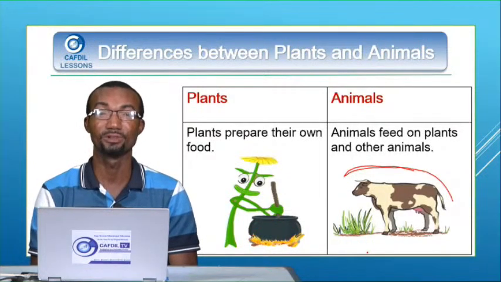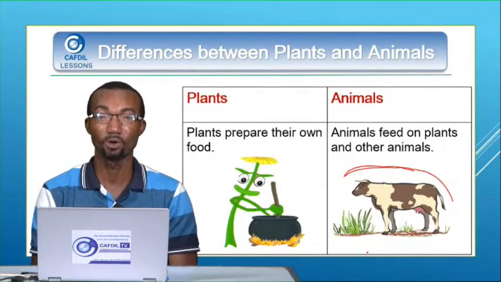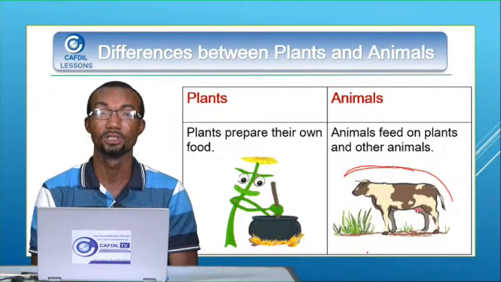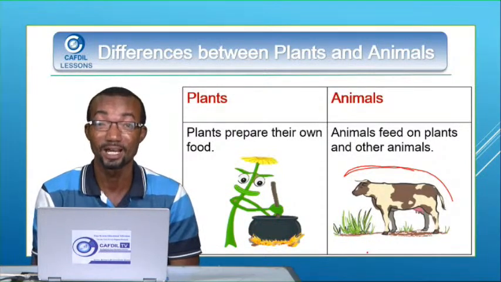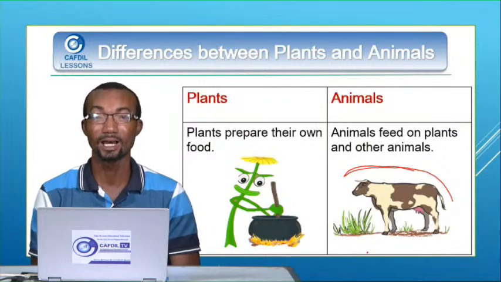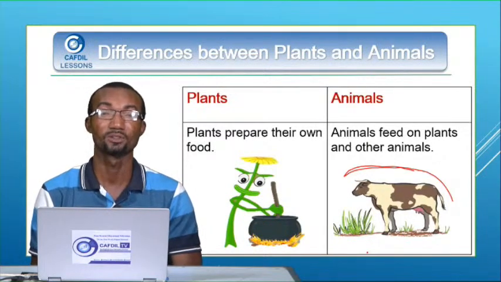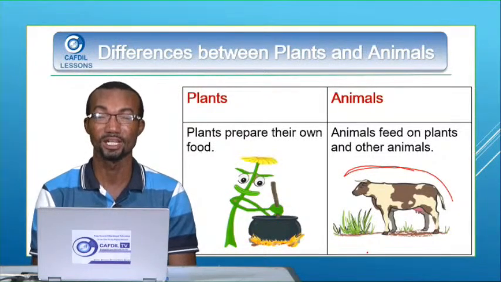That is the first difference between plants and animals. Plants prepare their own food in a process called photosynthesis. And then when they finish preparing their food, most of the animals also depend on the plants for their food and survival.